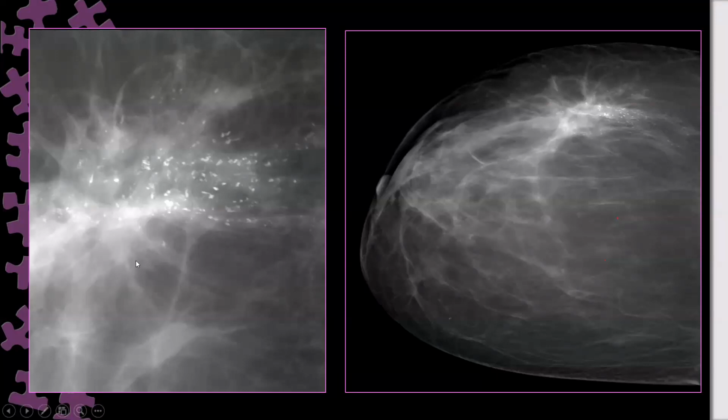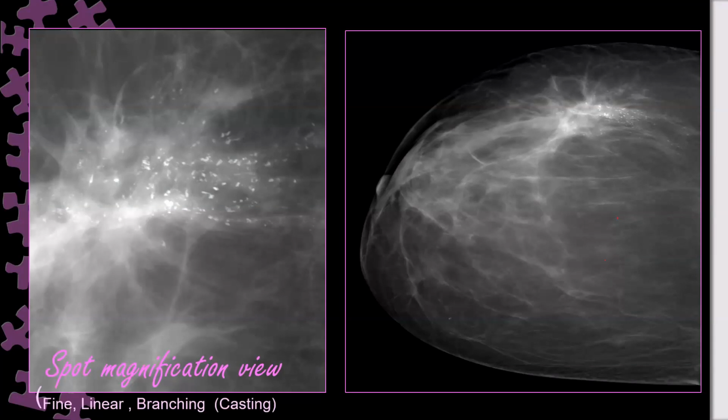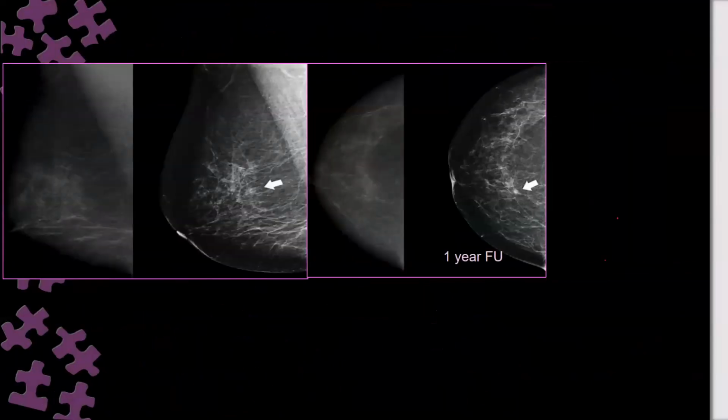Look at how it becomes more dense than even here. Okay, high density spiculated mass. So how does it help us characterize the spiculated mass as well as the associated highly suspicious type of calcifications? In our case, it was invasive cancer.